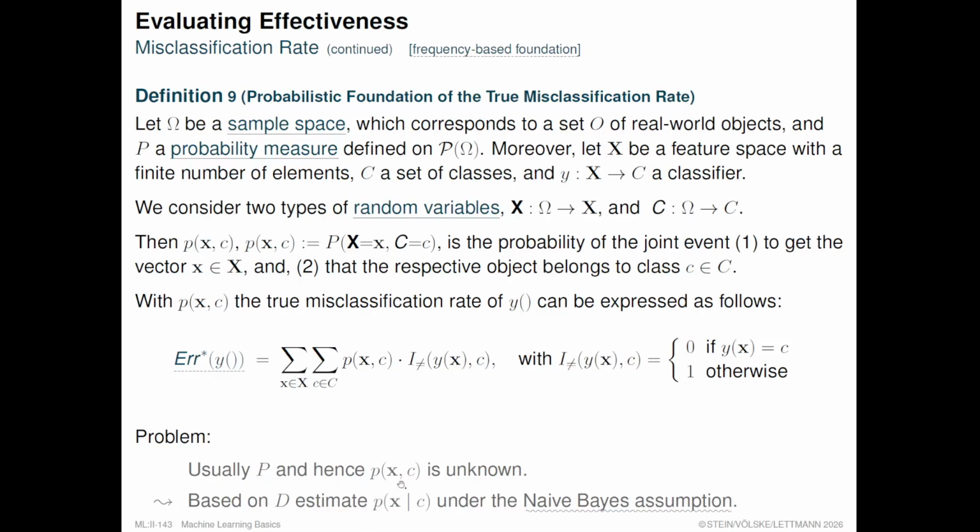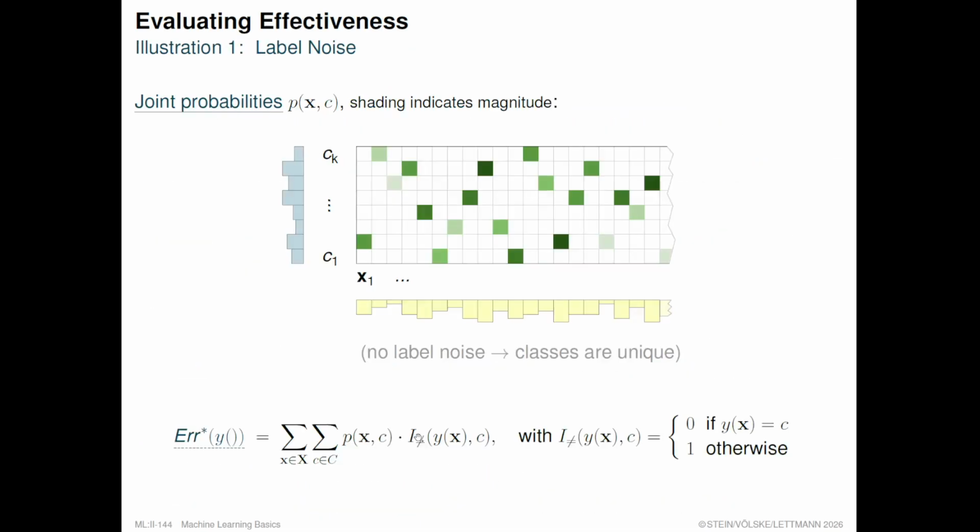So this will be one part of this idea of estimating the true misclassification rate using some tricks that help us to actually derive these probabilities, because otherwise we still cannot compute this really. So this is another way to express this, and I think this is where you stopped last time.